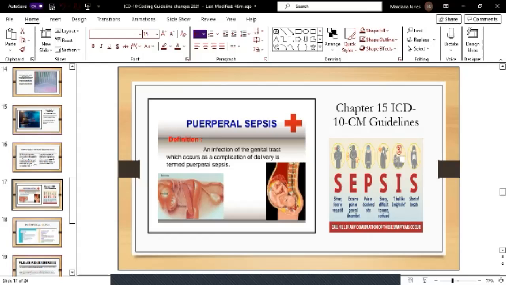So sepsis, we know, is an infection. We know sepsis is an infection. So puerperal sepsis, we'll go deeper and talk more about that.